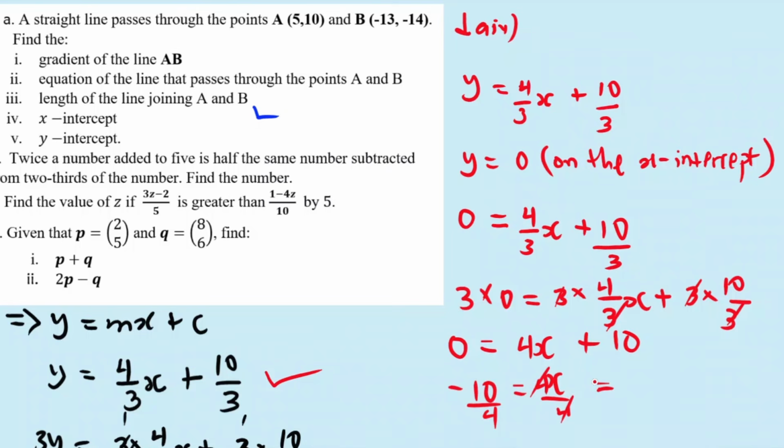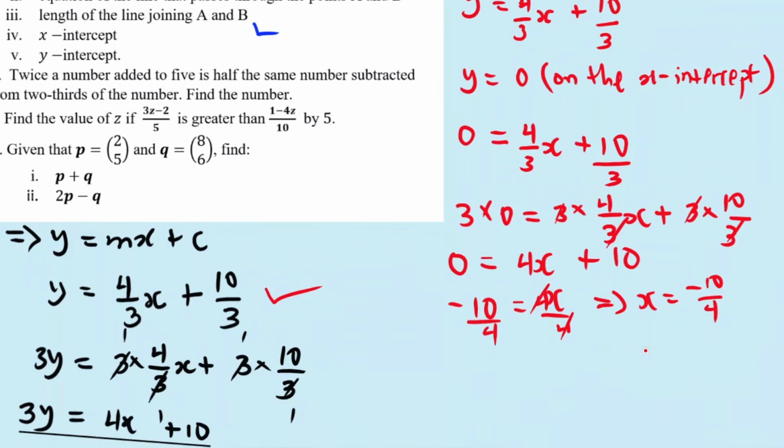So this implies that x is equal to negative 10 on 4, which we can still simplify. So x is equal to, 2 here, 2 here, 5. So you're going to get negative 5 on 2. So that's the x-intercept.